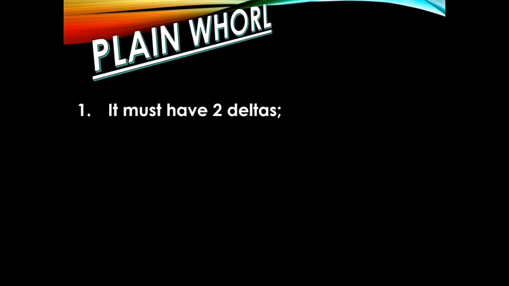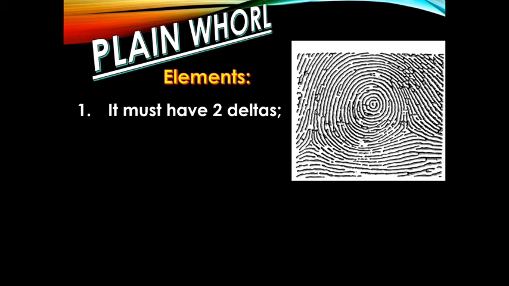So we are going to give examples of the different elements of a plain whorl one by one. So the first element is it must have two deltas. Again, if you want to review the different rules in locating the delta, watch the previous video on the analysis of different fingerprint characteristics and formation, because I have discussed the different rules in locating the delta.